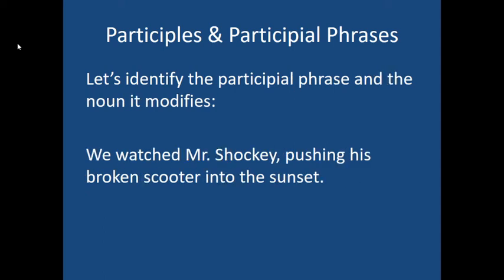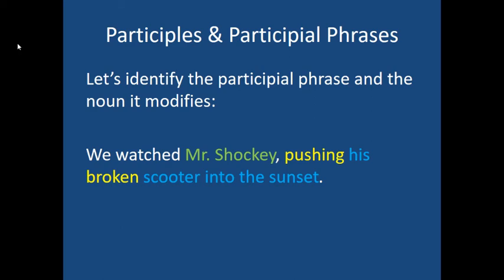Another example. We watched Mr. Shockey pushing his broken scooter into the sunset. Well, here is this participial phrase, pushing his broken scooter into the sunset, all describing Mr. Shockey. So it's an adjective, all describing Mr. Shockey. And then within this, besides pushing, I also have broken.